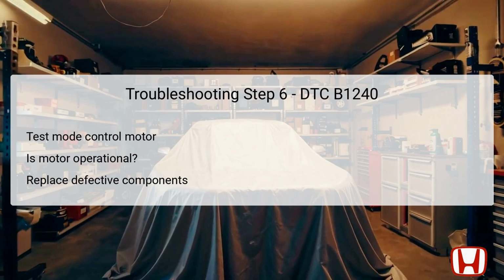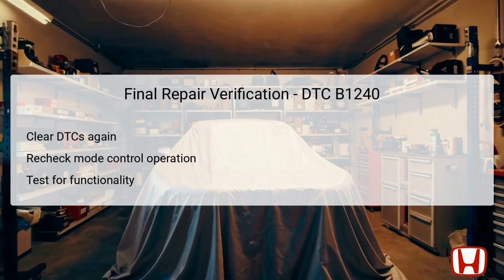Conversely, if the motor fails the test, immediate replacement of the mode control motor is required, along with an examination of the linkage or door to ensure they are not obstructed or damaged. This thorough evaluation ensures all components involved in the mode control system are functioning optimally, thus preventing the recurrence of the DTC B1240 issue.